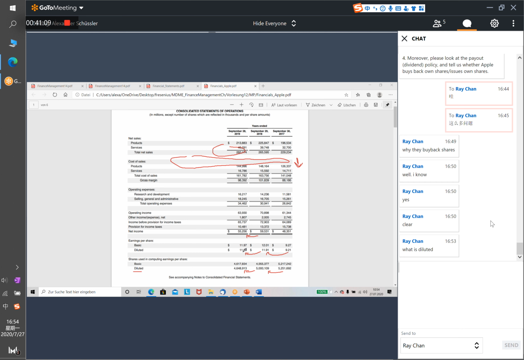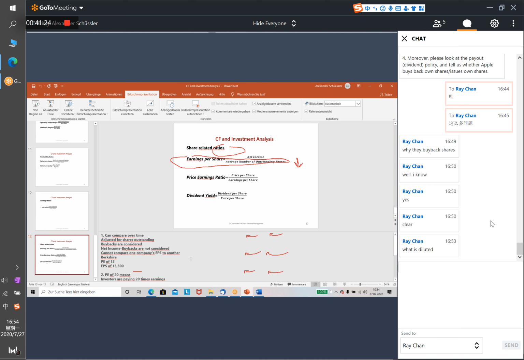You see here that the development of earnings per share over time is more favorable than net income, and this is because of buybacks.